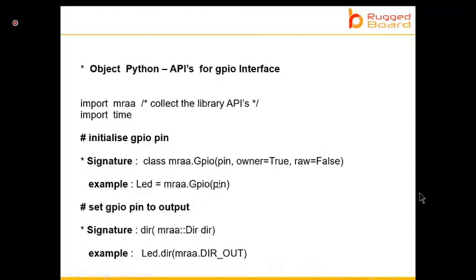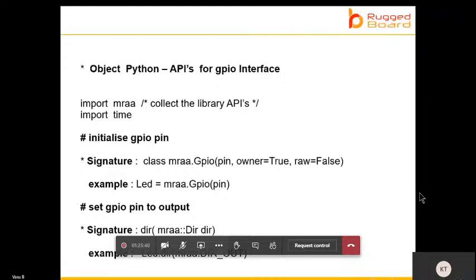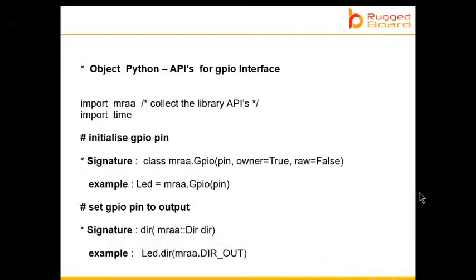As I told, there are 3 types of pin numbers: the SOC pin number, the Linux pin number, and the MRA pin number. Don't get confused. GPIO port 0.1 is your SOC pin number.